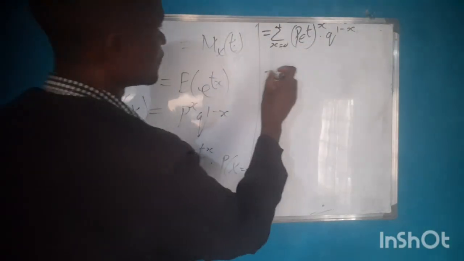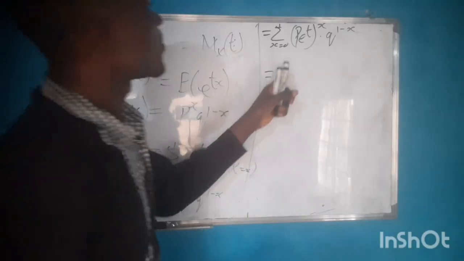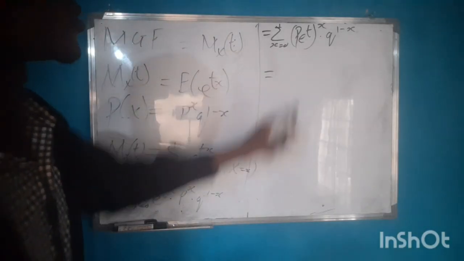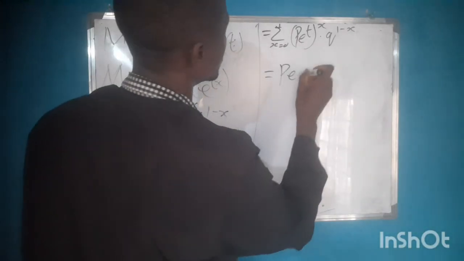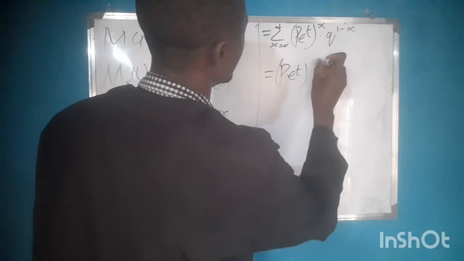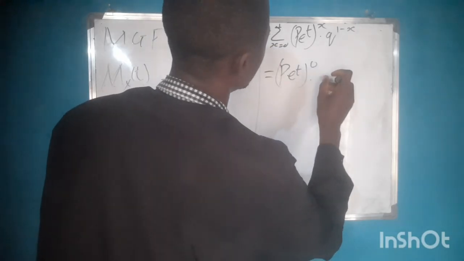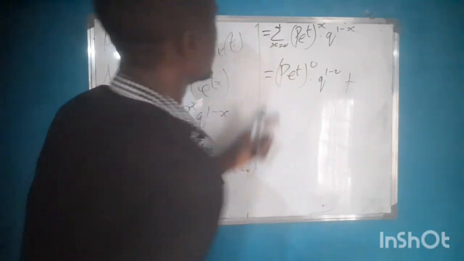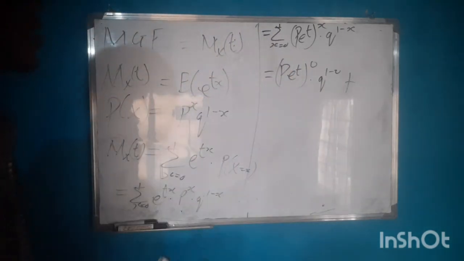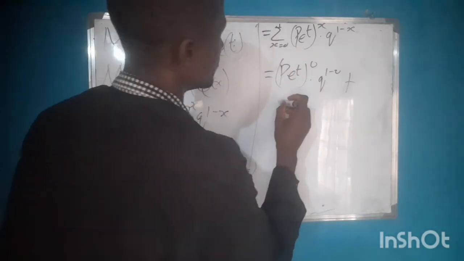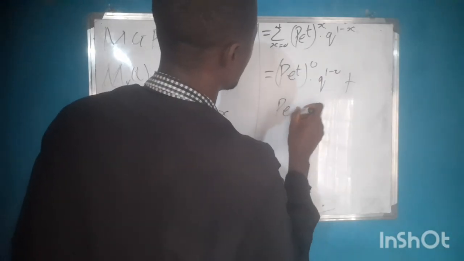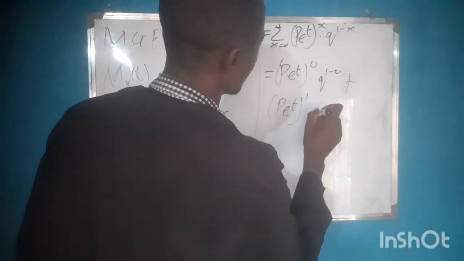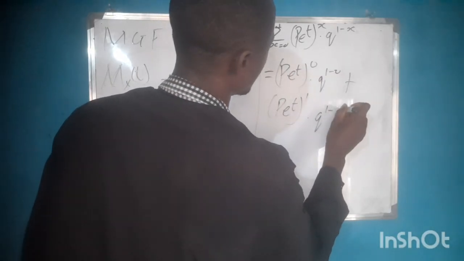So when we put the value of x to be 0, we have p exponential t raised to power 0 multiplied by q raised to power 1 minus 0, plus, when the value of x is equal to 1, we have p exponential t raised to power 1 multiplied by q raised to power 1 minus 1.